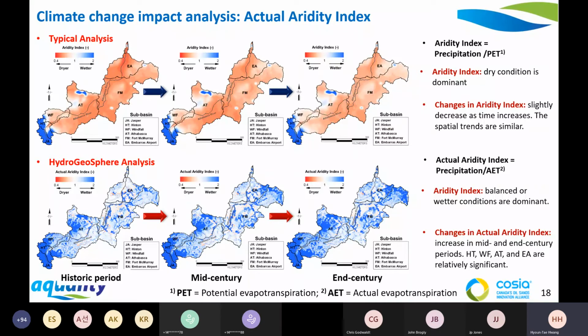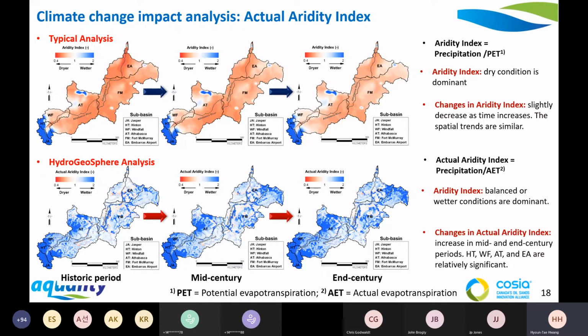There is a big difference because the PET, potential evapotranspiration, is used in typical analysis. That means potential evapotranspiration is an ideal case that maximizes evapotranspiration. That's why we call it potential. And actual evapotranspiration, literally actual, is based on soil moisture and surface water depth and subsurface saturation.